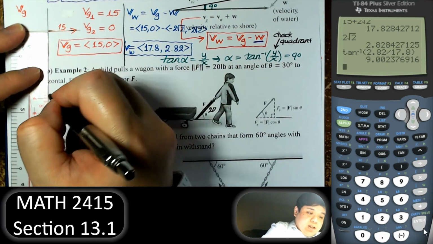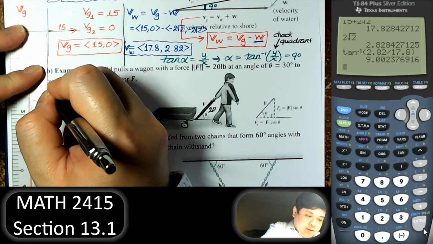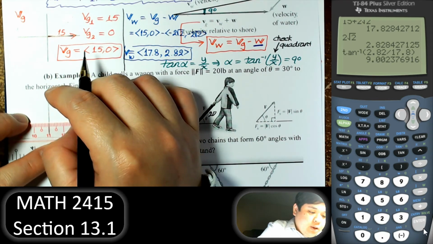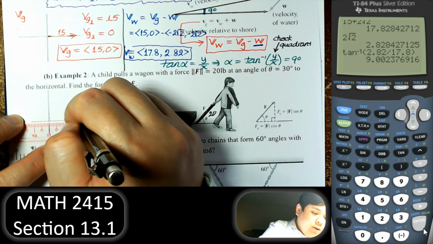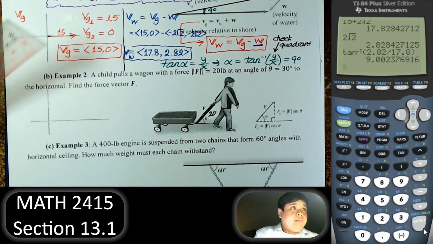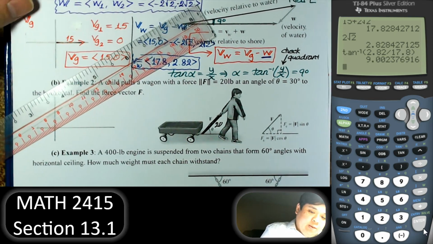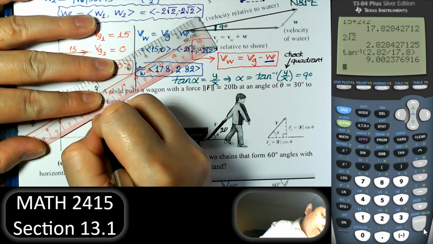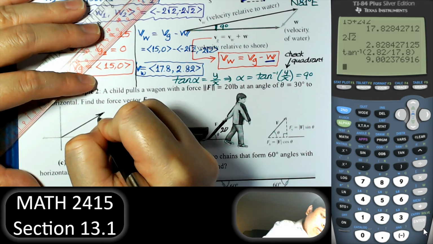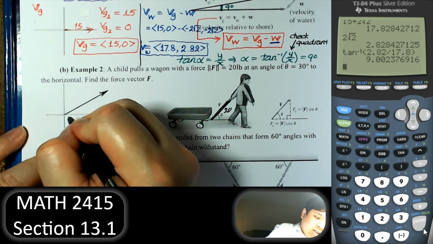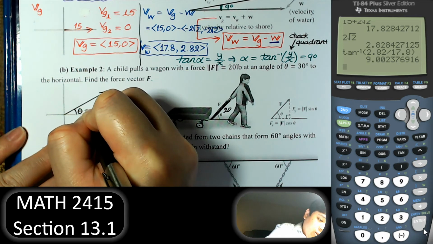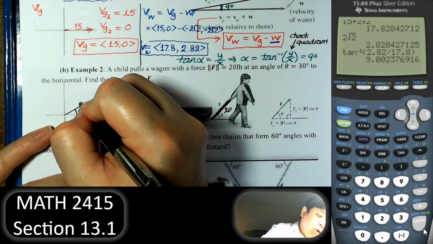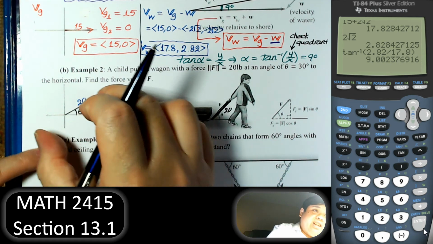So if we decompose it, we have 20 pounds at a 30 degree angle. And I'm going to put 20 here. It doesn't mean the vector is 20, I mean the length is 20.